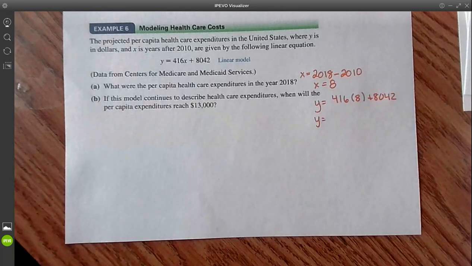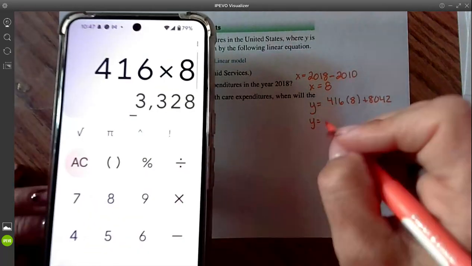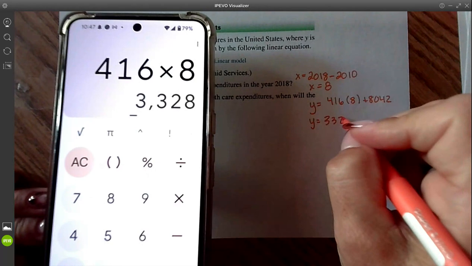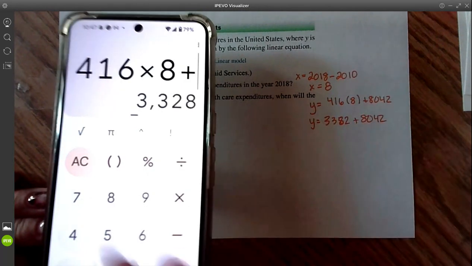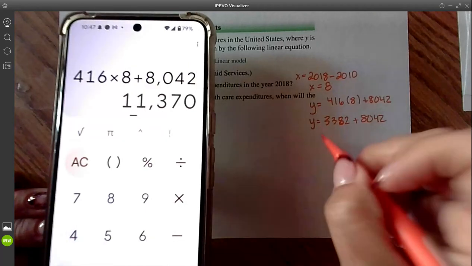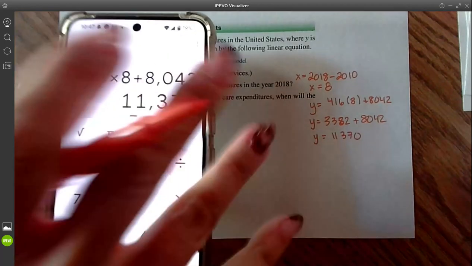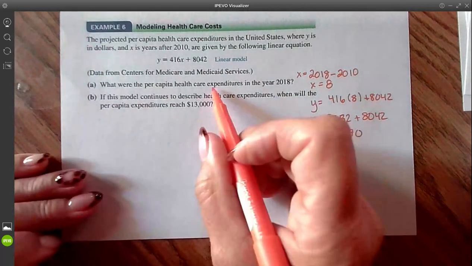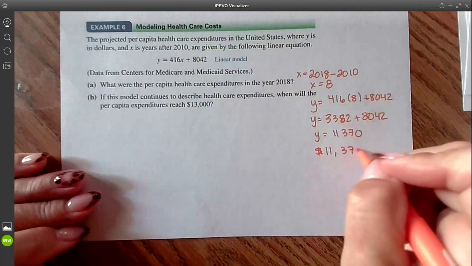I have a calculator. 416 times 8 is 3,328. Plus 8,042 is 11,370. And that is in dollars, so that would be $11,370.